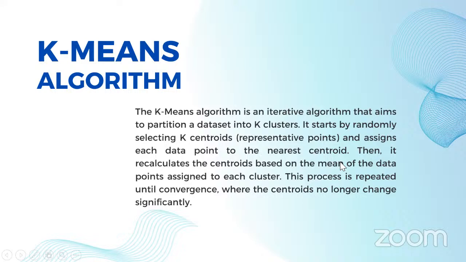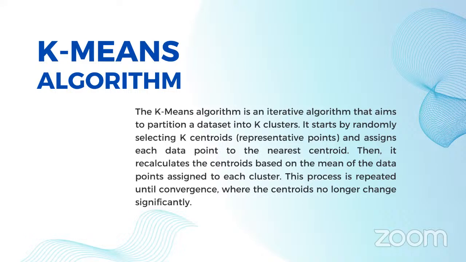First of all, there is a group of data. Then in the group of data, there are some centroids assigned. These centroids are nothing but the center values towards which the other values should converge.